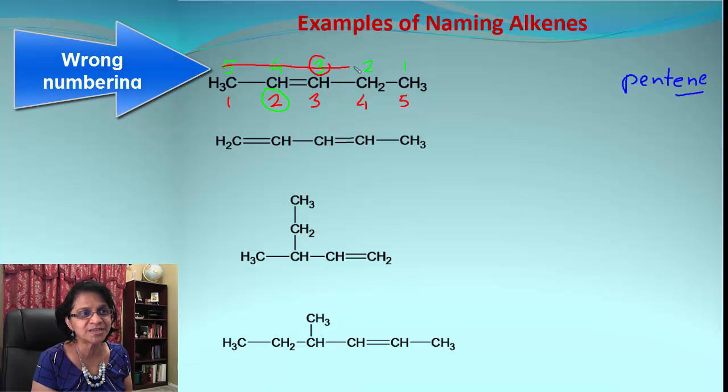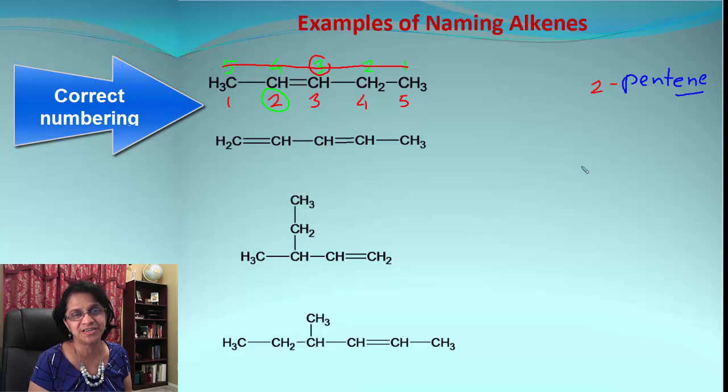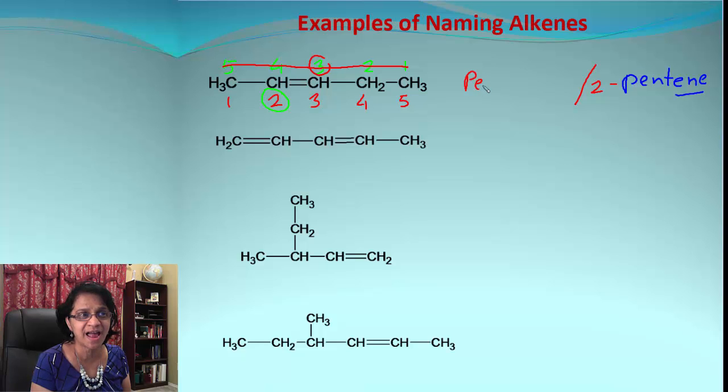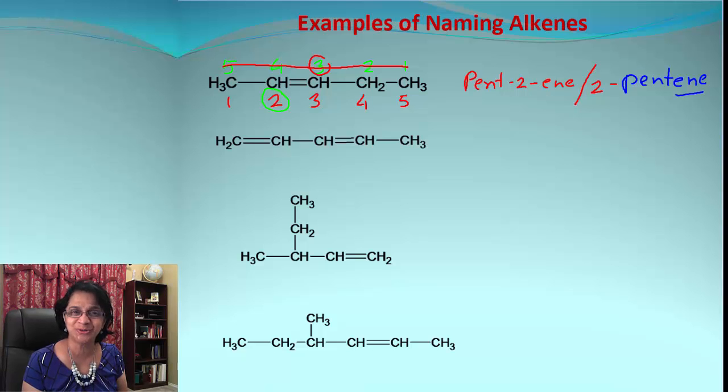That means we need to cross that out, and the correct answer will be 2-pentene. Now you may find in some places the name written as pent-2-ene. It's basically the same thing. Both names suggest that at position number 2 for carbon atom, we have a double bond in that alkene.